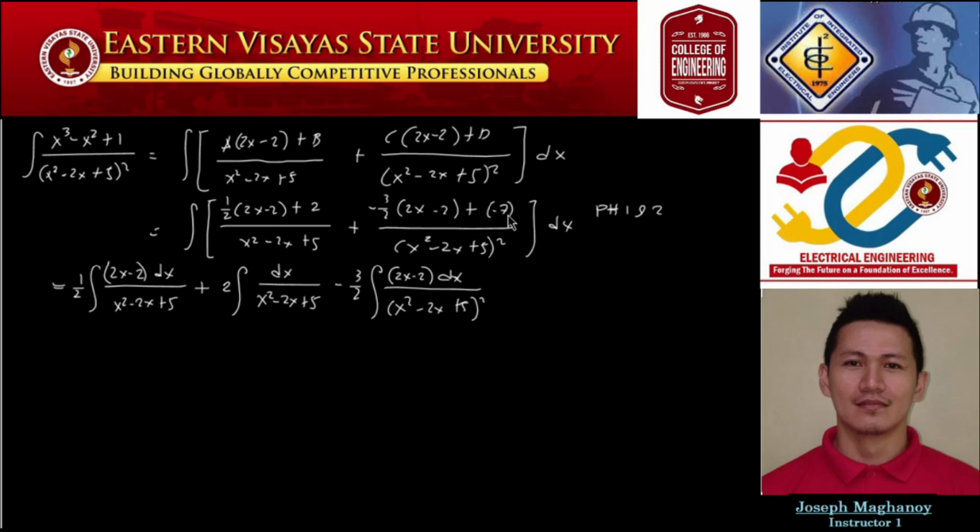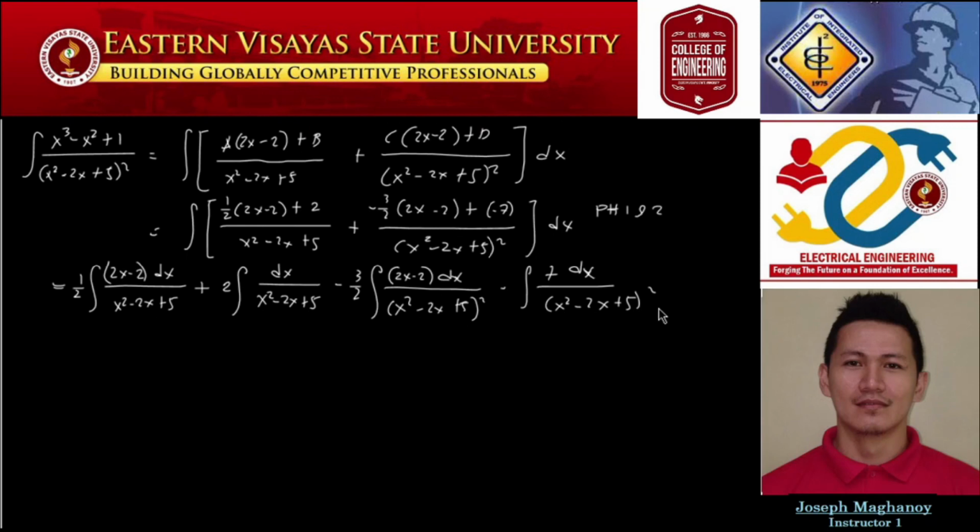You still have 7. So negative 7, it becomes negative integral of 7 dx all over (x squared minus 2x plus 5) squared. So you have 4 terms. So you need to integrate each term.